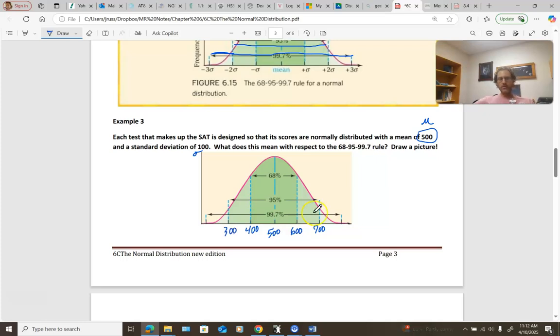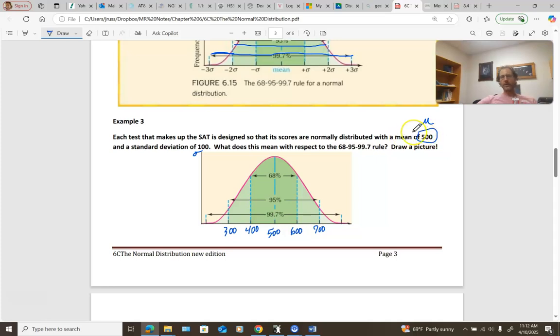So we could say that 95% of all people that take the SAT are going to score anywhere from 300 to 700. Or you could put it in a probabilistic perspective and say that you have a 95% chance of scoring anywhere from 300 to 700 if you take the SAT.